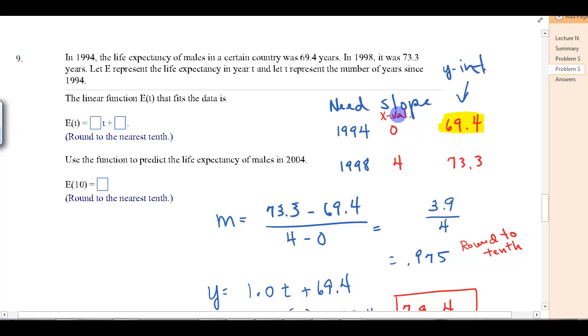The x value is the years, because t is letting it be the years, and we're calling that the same as our x value. So it says after 1994, so we let 1994 be 0, and then from 94 to 98 is 4, so we have (0, 69.4), (4, 73.3). Those are our 2 points. I'll write those over here.